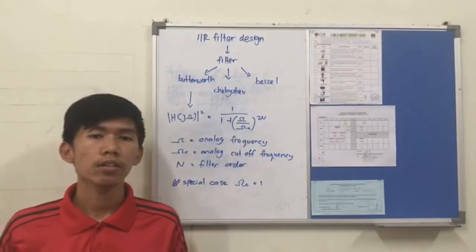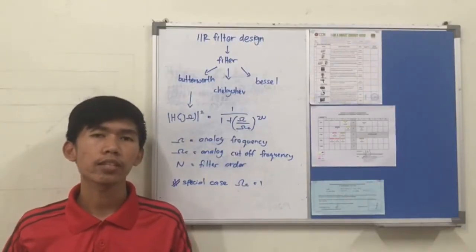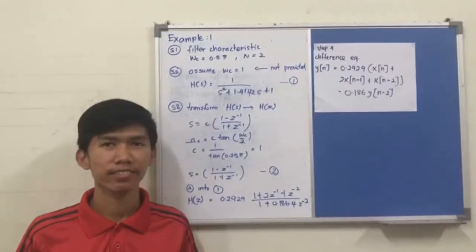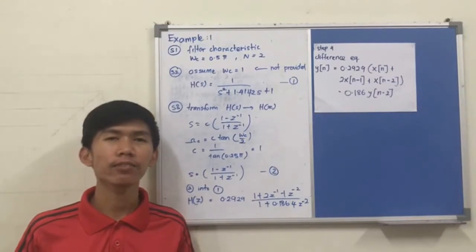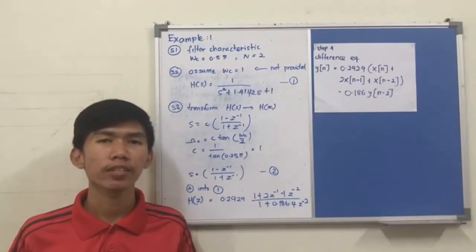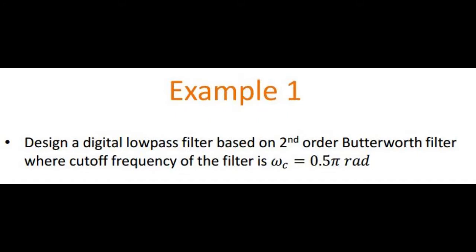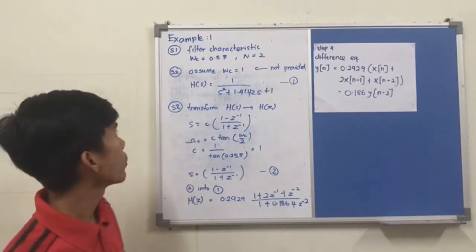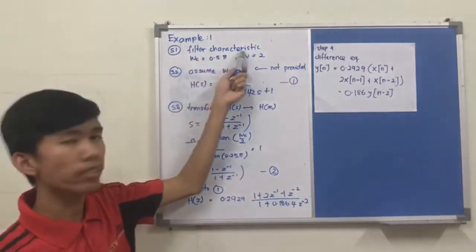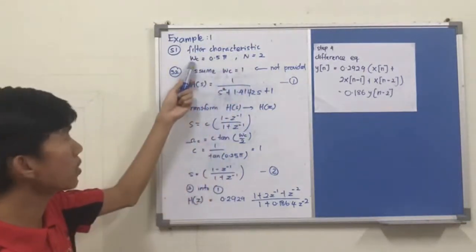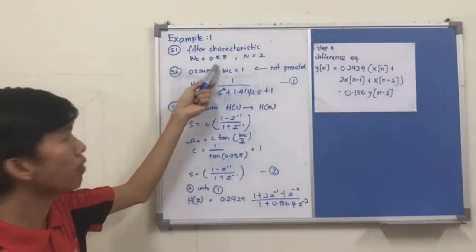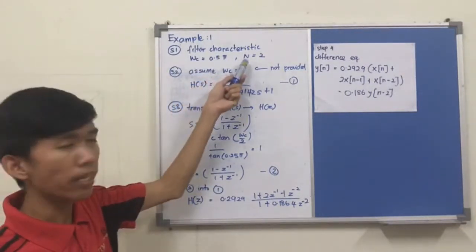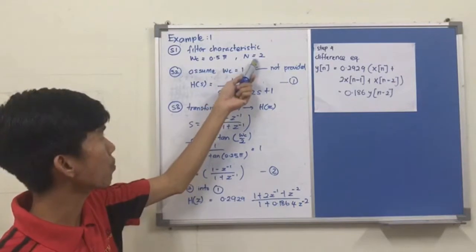For more understanding, let's go to the example. Okay, we continue again with our example. These are the questions for example 1. For step 1, we specify the filter characteristic, which is ωc equal to 0.5π and n equal to 2.